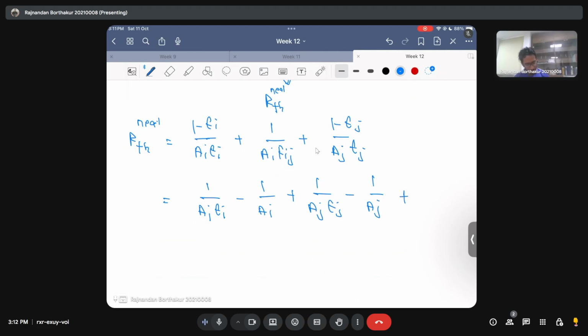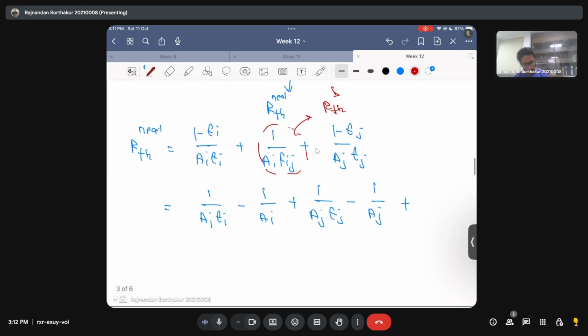And then this term is nothing but the resistance for a black body, so you can interpret this to be equal to RTH of black.